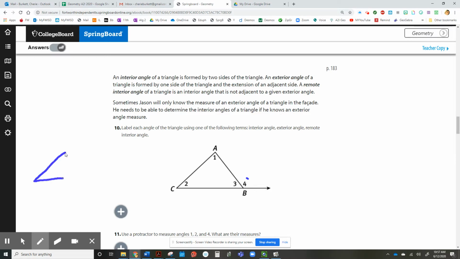Here's the triangle. I could take this side AB and extend it out beyond point A right here. So this is angle 1, this is angle 2, this is angle 3.